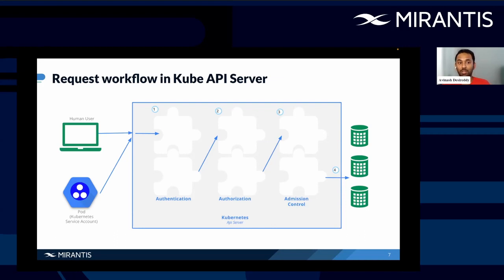So the first step: the input to the authentication step is an HTTP request, where the authentication module will examine the headers and the client certificate of the incoming request. Only if the user is authenticated, the request is accepted and then passed on to step 2 for validation.